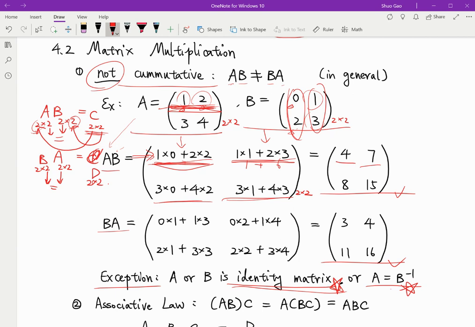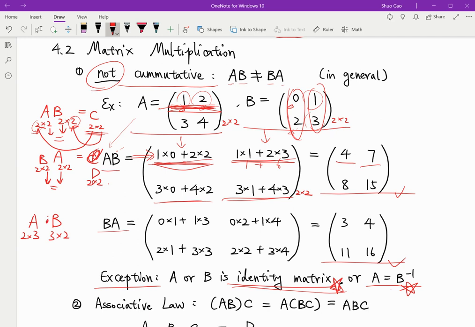Another way to understand why matrix multiplication is not commutative is this example. So again, A times B, right? Suppose A is a 2 by 3 matrix and B is a 3 by 2 matrix.